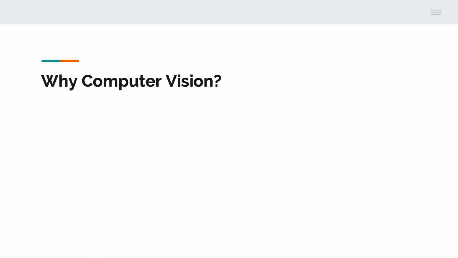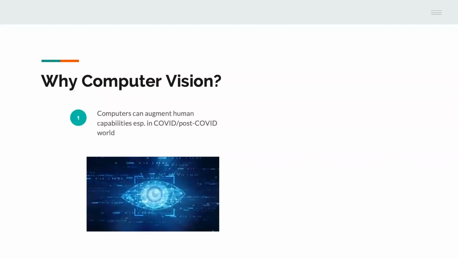So the most important question, and I would say that once anybody embarks on something new, you must, at least I do, ask yourself, why am I doing this? So in this case, why computer vision? Why do we even care, why does it make sense? Based upon the current state of the market, it's not an overstatement to say that computers can arguably augment human capabilities.